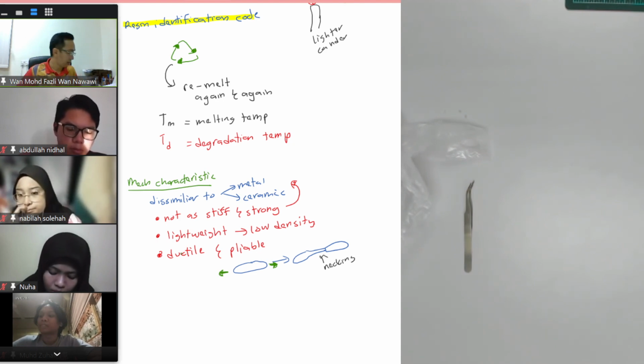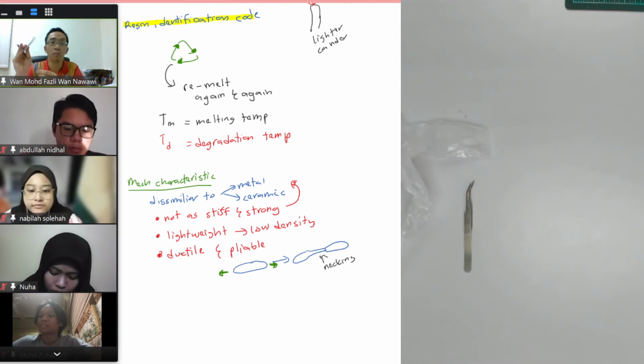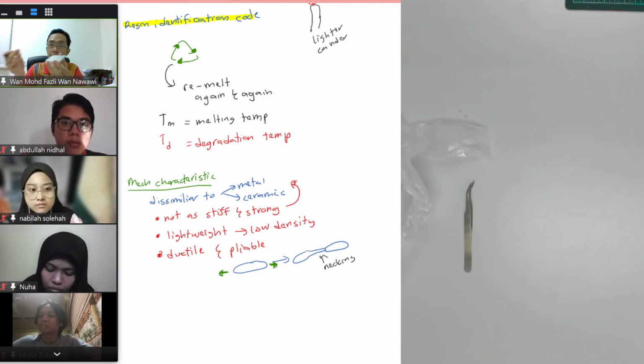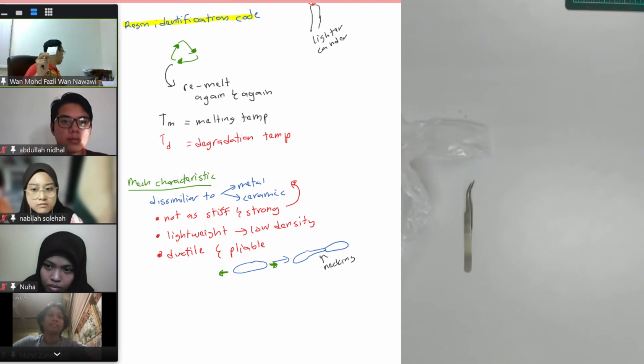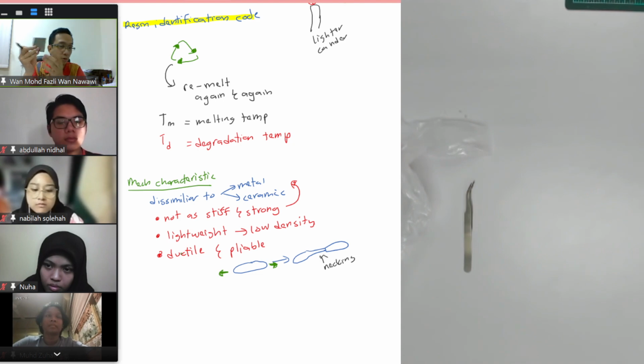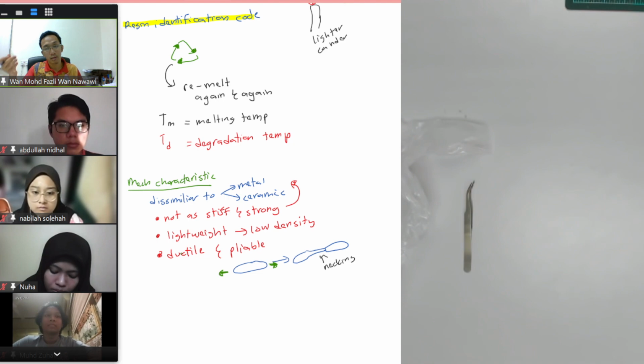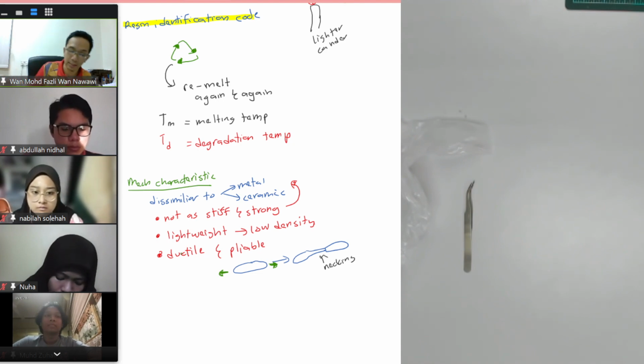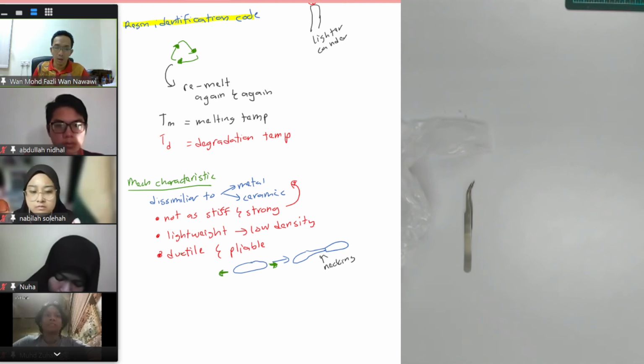If you have metal, you can also mold it, for example a strange structure, but you need to heat it to a very high temperature. You need to melt the metal first. But plastic, you can melt at even low temperature, it becomes liquidy and you can mold it easily. So plastic is ductile and pliable.